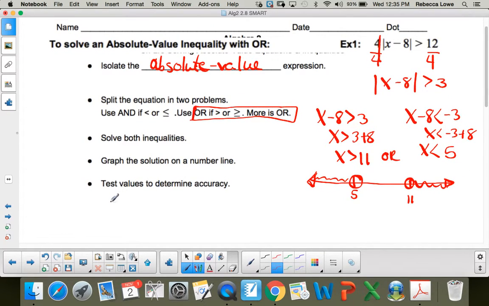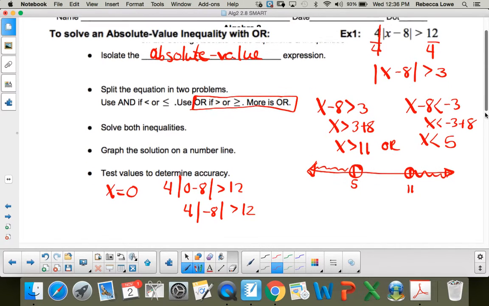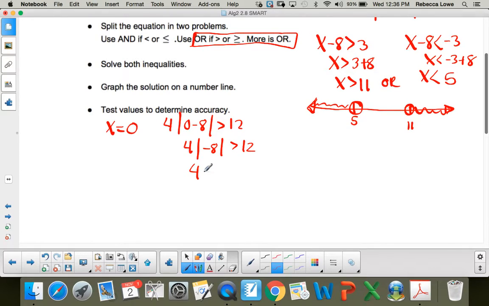So I'm just going to pick a number, 0, and we're going to see if 0 is a possible solution. And I'm going to put it into the original inequality and see if it works. So the absolute value of negative 8 is 8, and then 8 times 4 would be 32. So 32 is greater than 12.